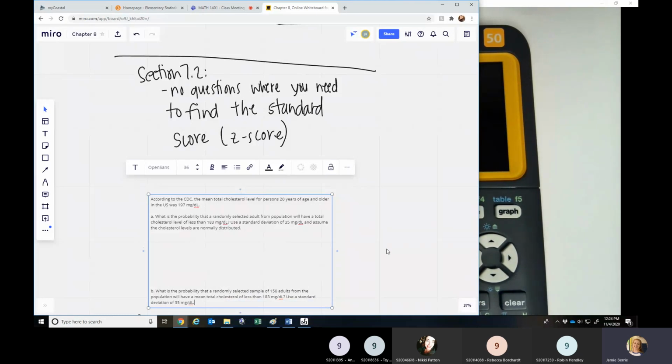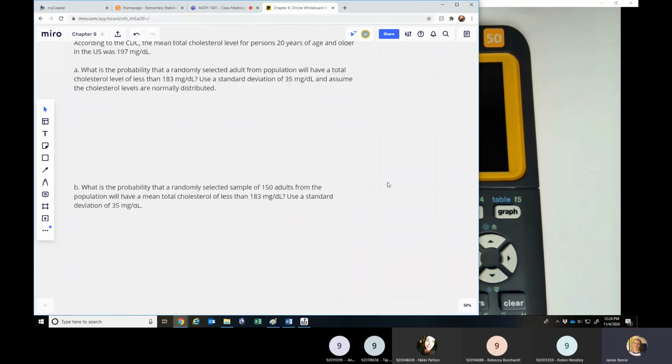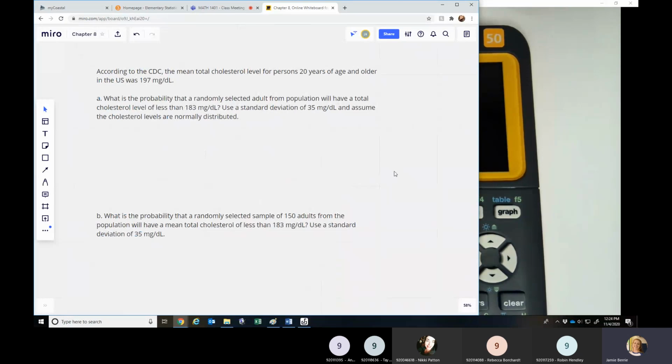Now, I wanted to put this problem or a problem like this on here for a specific reason. So I'm just going to do this problem and then I'm going to tell you what part of this you can expect to see on the quiz.